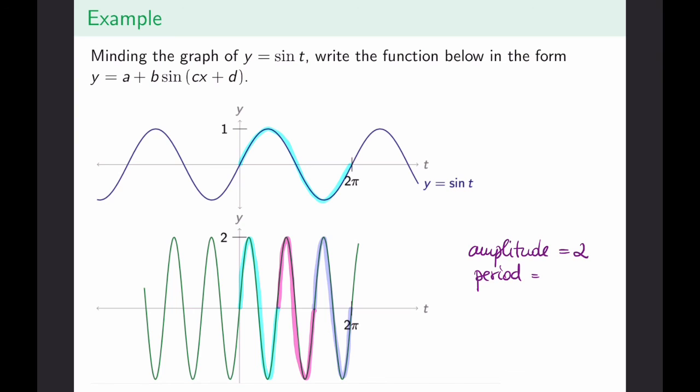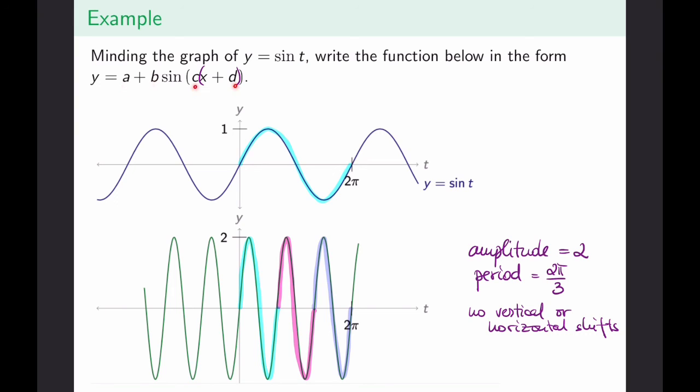And then remember that according to my period formula on the previous page, my period is going to be 2 pi divided by 3. There have been no vertical or horizontal shifts. I can see that my graph is not shifted left or right or up and down, which tells me something about C and D. And again, I'm just going to put the brackets around here because that's how we've defined C and D. So what can I do here in order to now notice the values for A and B?